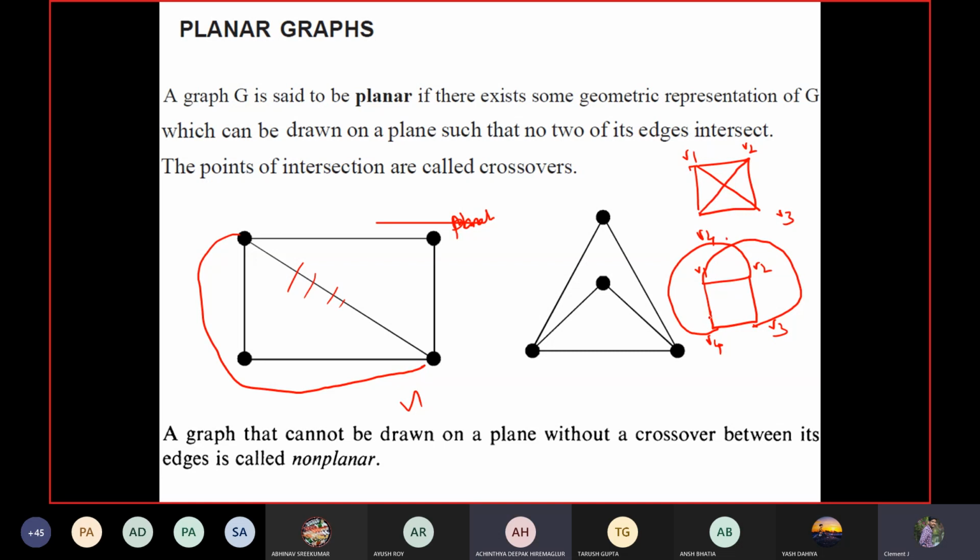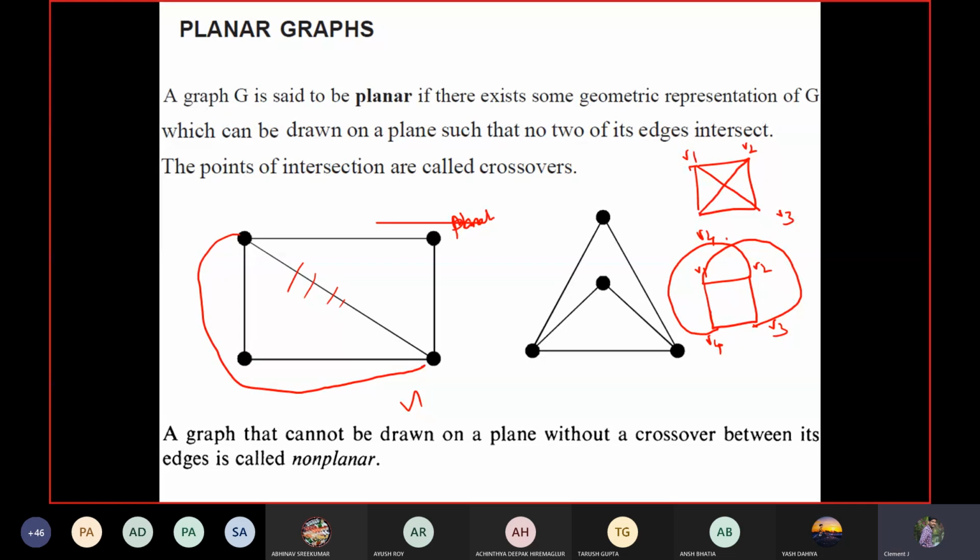Can you say whether it is planar or non-planar? Non-planar. Even if you take an outline instead of drawing the exact intermediate lines, or draw it like this, that time also you will get a crossover between the edges. So certainly this is a non-planar graph.